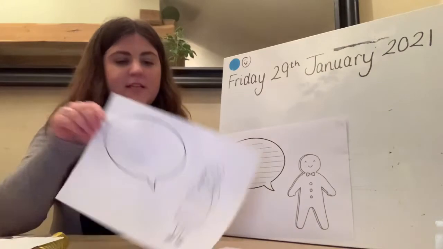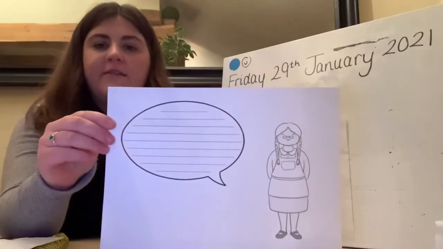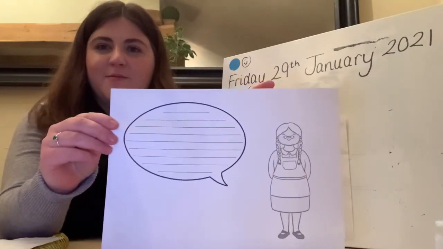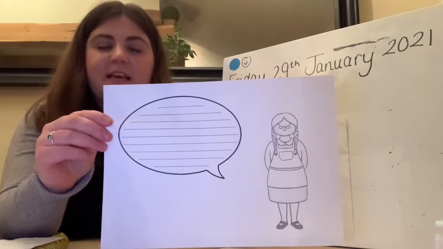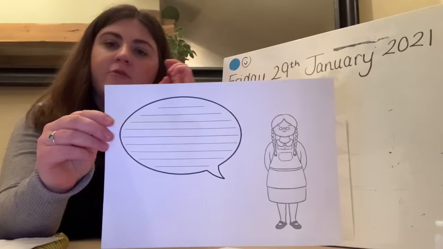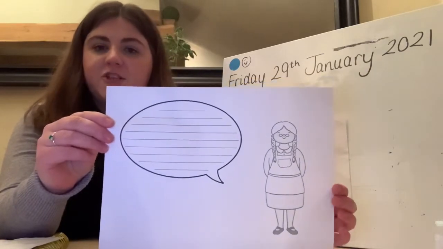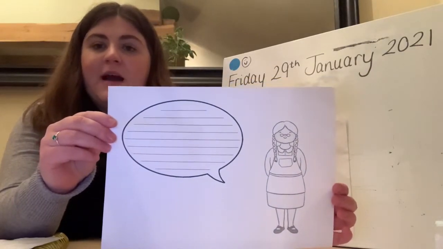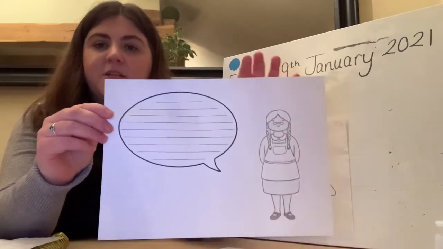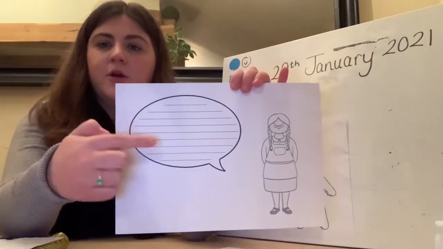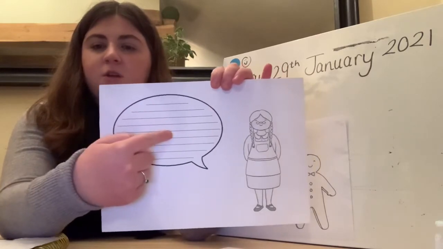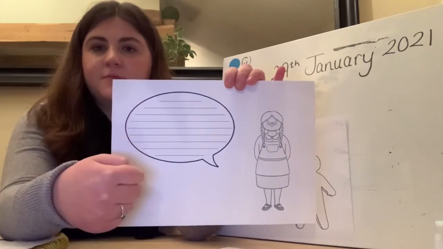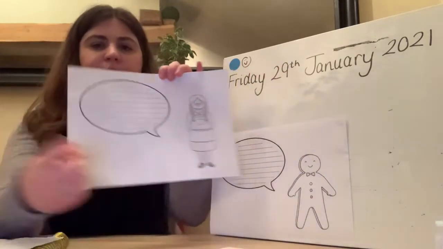Now let's have a look at this example here. Who's this from the story, can you remember? Lovely, well done. This is the little old woman from the story who made the gingerbread man. Now have a look at where this speech bubble on this page is coming from. Who does it tell us is talking when we read what is in this speech bubble? Does it tell us that the gingerbread man is talking?